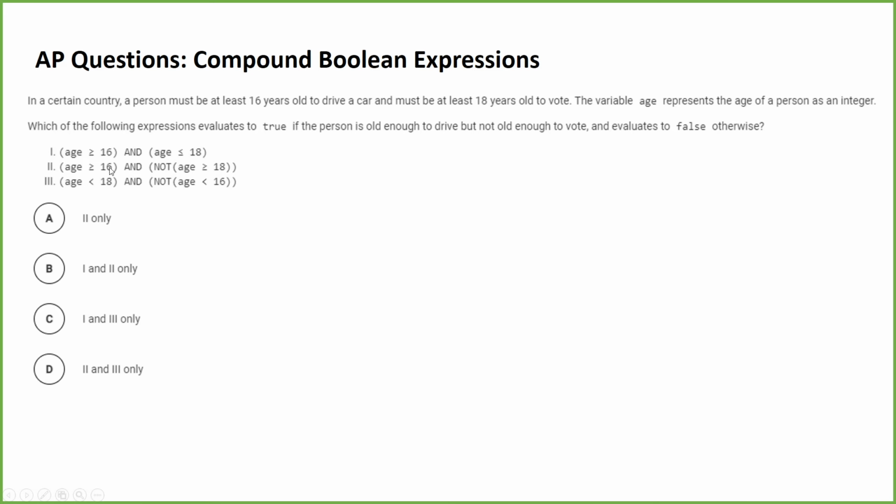Let's look for this one. 16 and older, okay, and not 18 and older. That might work, okay? Because let's say, for example, the user's 18.